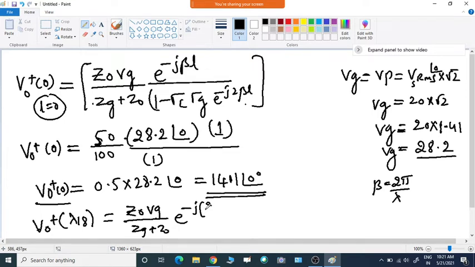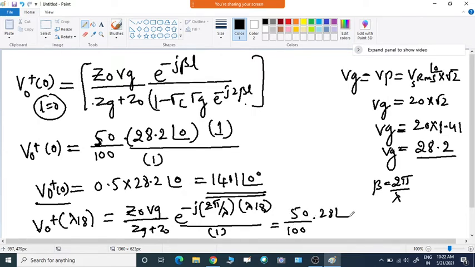So substitute for beta 2 pi by lambda into lambda by 8, that is the value of L. In the denominator, since gamma g is 0, this will give value 1. So this is 50 by 100 into 28.2 at an angle 0.